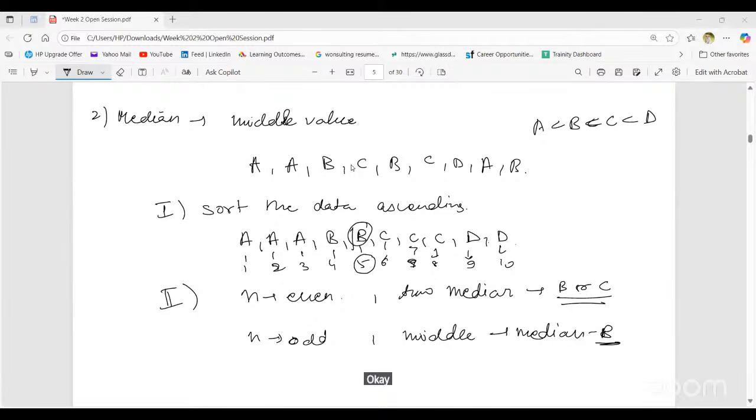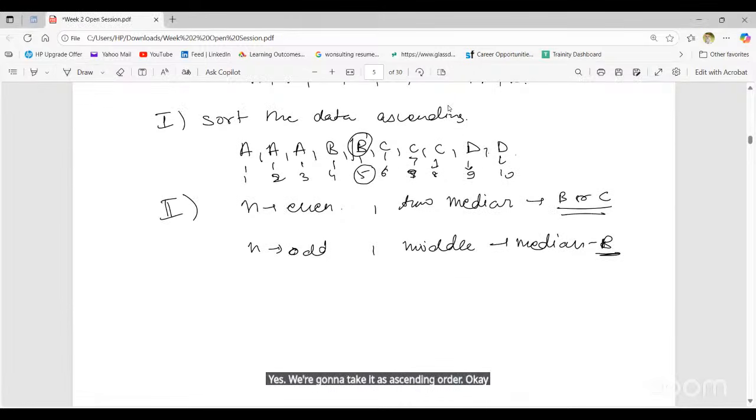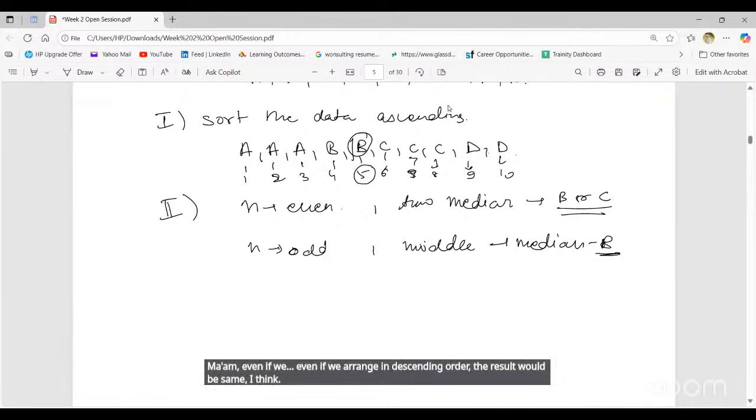Ma'am, before finding the median, do we always take it in ascending order? Yes, we take it in ascending order. Even if we arrange in descending order, the result would be the same, I think.